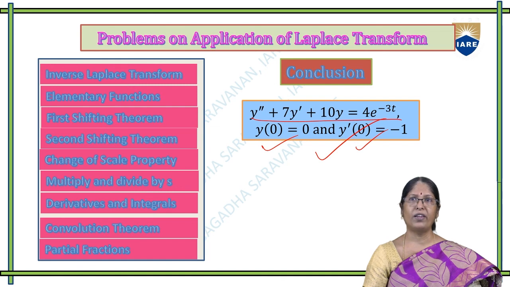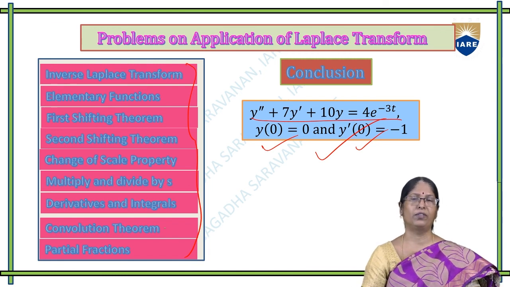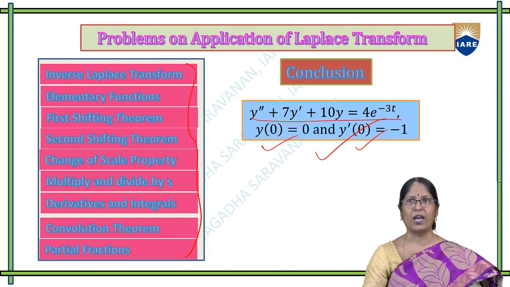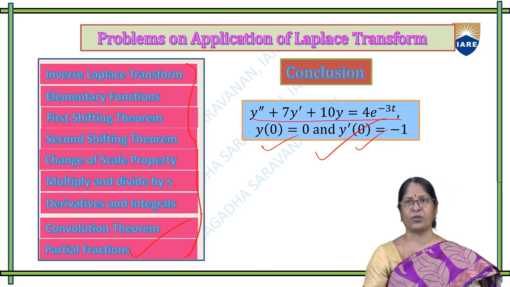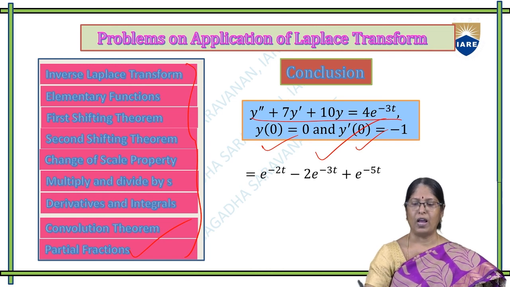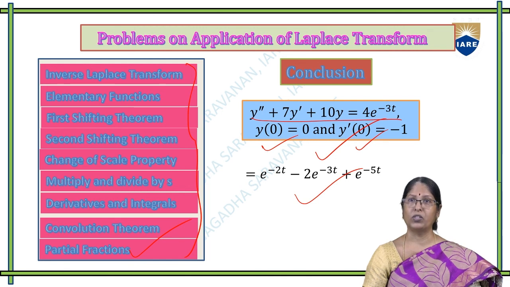So when we are writing in terms of inverse, whichever is suitable among these methods, we will apply. And in our particular problem, we selected the partial fractions method. And finally, we achieved the result e power minus 2t minus 2 e power minus 3t plus e power minus 5t. Thank you very much.